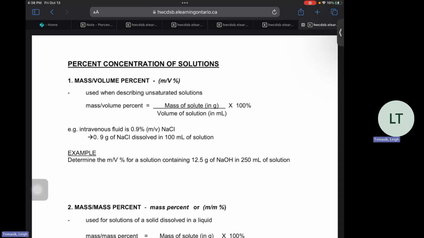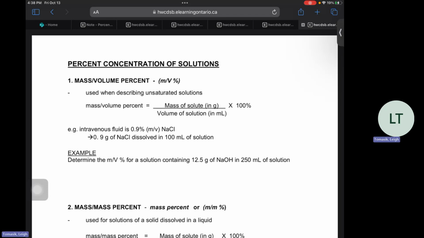Or if you enjoy fancy skincare products, you'll often see something like a 1% vitamin C serum. So this is how you would calculate percent concentrations.